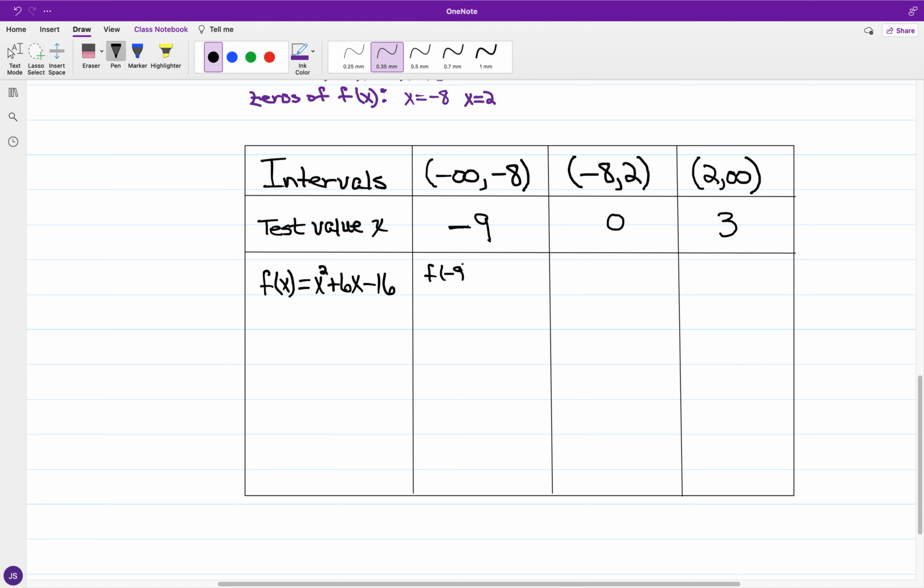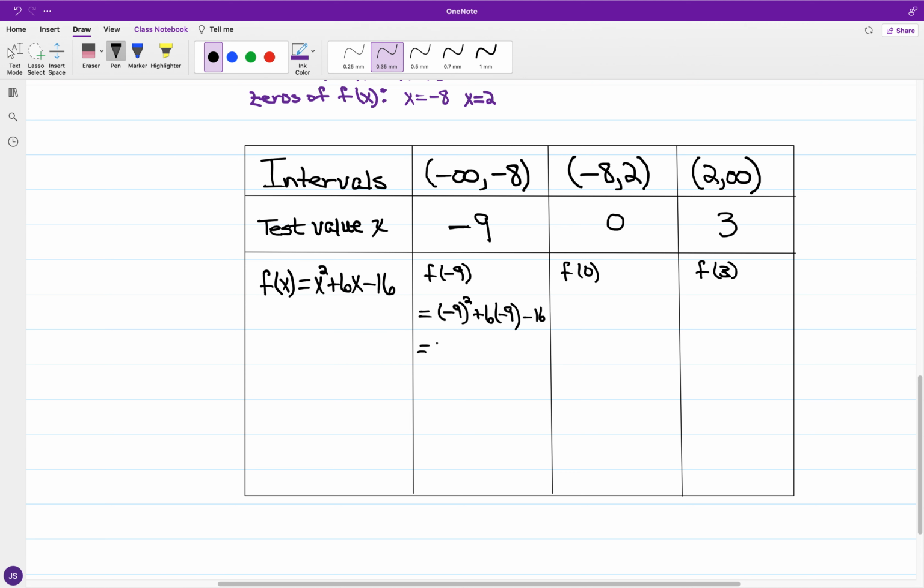And here we have the outputs. We'll have these established from f of -9, f of 0, and f of 3. So with x at negative 9, f of negative 9, we're going to have the square of negative 9 plus 6 times negative 9 minus 16.